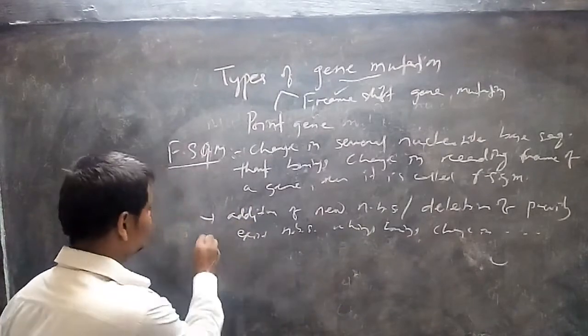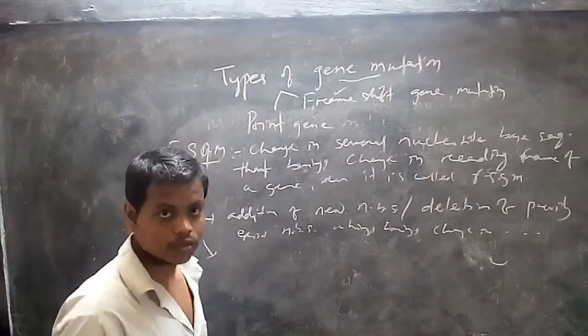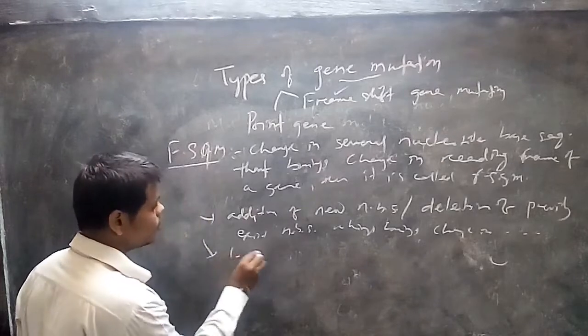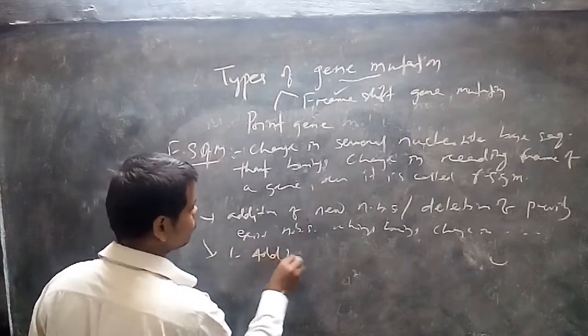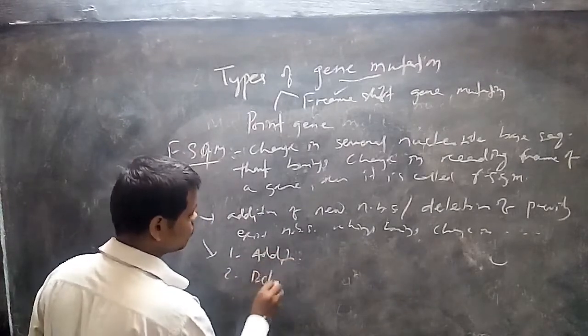And this frame shift mutation occurs by two processes, or we may say two types. One is addition, another is deletion.